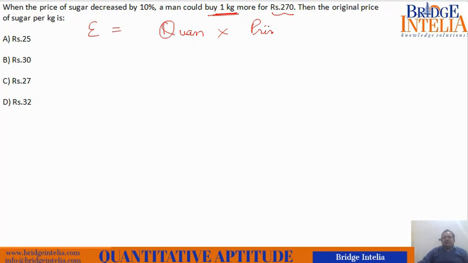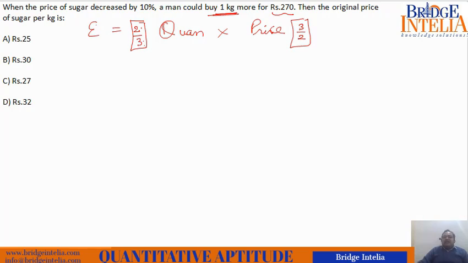into price. So if you disturb one thing, the other will also get disturbed. So if you want expenditure to keep constant, suppose you are multiplying quantity by 2 by 3. So to balance this effect, price will have to be multiplied by 3 by 2.